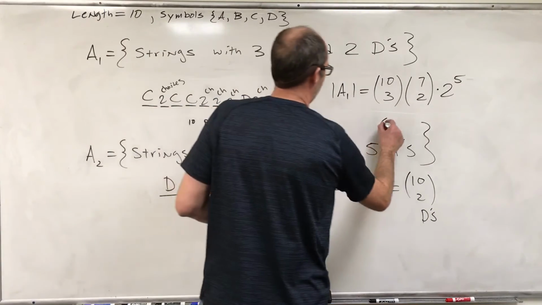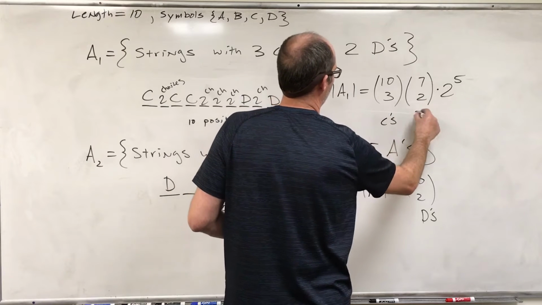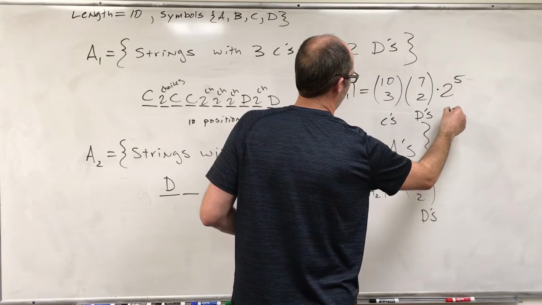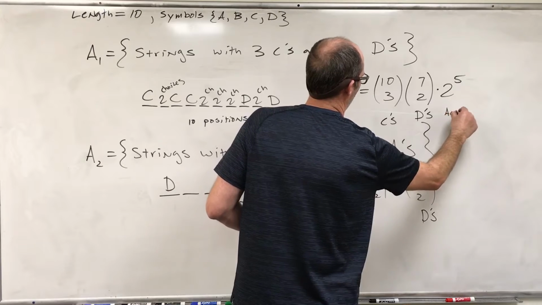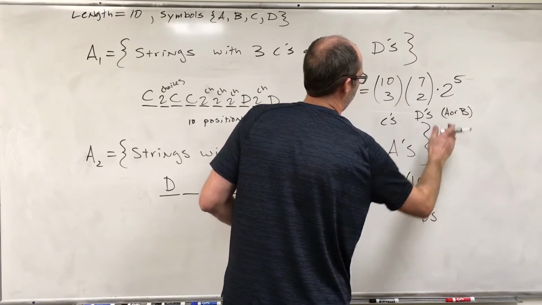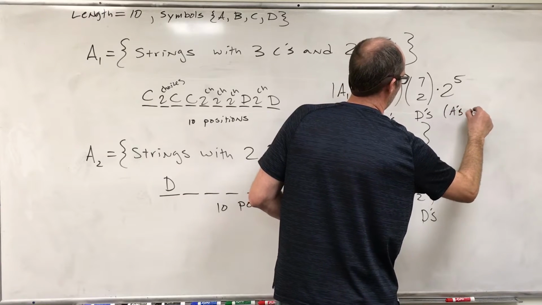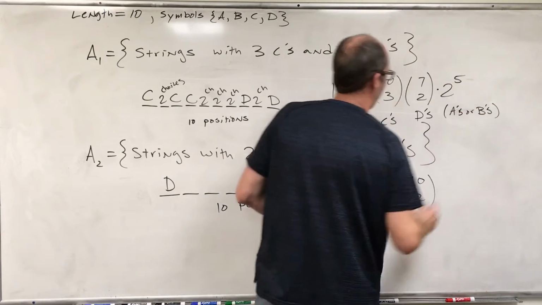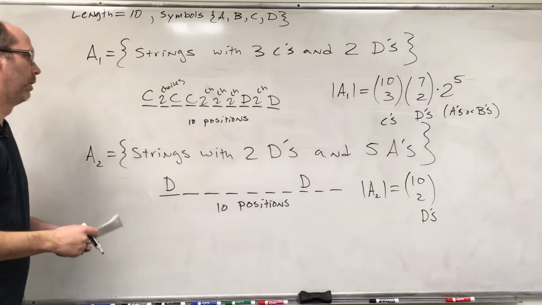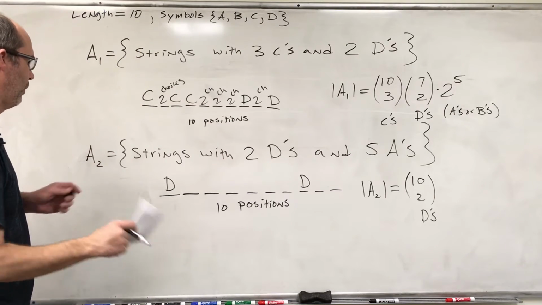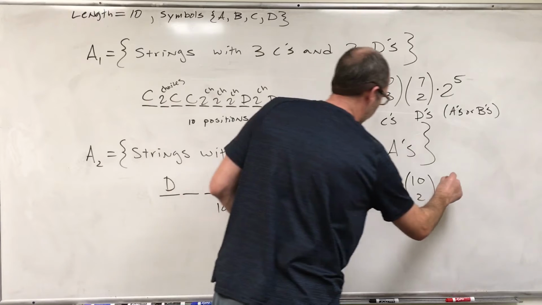This was computing C's, this was computing D's, and this is A's or B's. Now there's 8 positions left over.